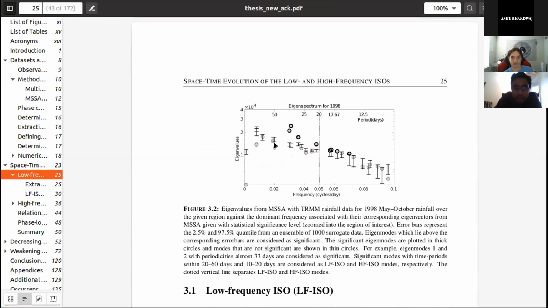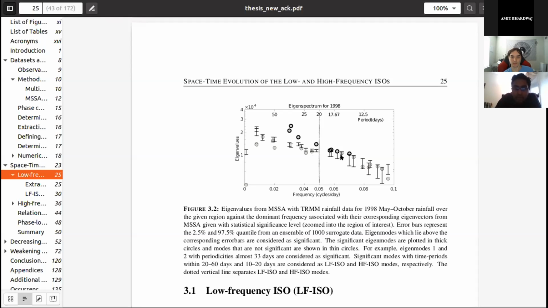I didn't get any particular mode with more than 100 days periodicity. What I got are some significant modes above 20-day periodicity. The first two modes were around 37 days, then there was one around 27 days, and one around 22 days. And there are a few with less than 10 days periodicity.